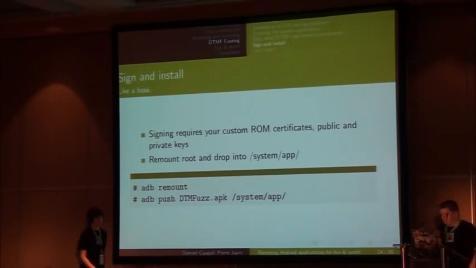So this is the explanation of the rooting step. All you have to do then is remount the root filesystem in order to push the application into the system app directory. Once done, this application will be available on your phone, and then you can use it with Fino.